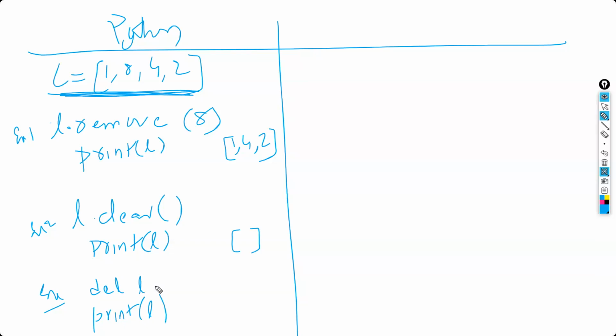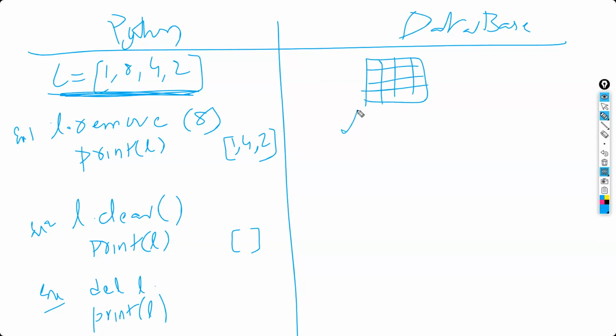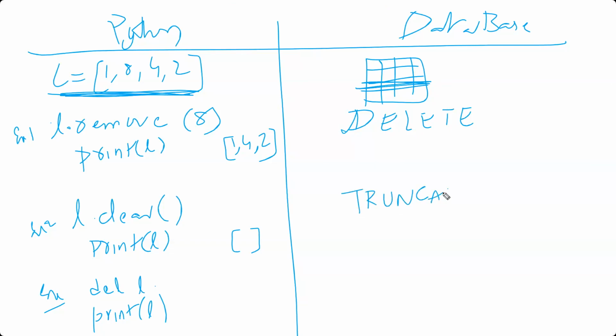Now in the same way, within the database, we are having the table with rows. Now if I select any particular row, it is delete. Delete a particular row. I don't want any particular row, I want to delete all the rows. The table should be there, but all the rows have to be deleted.